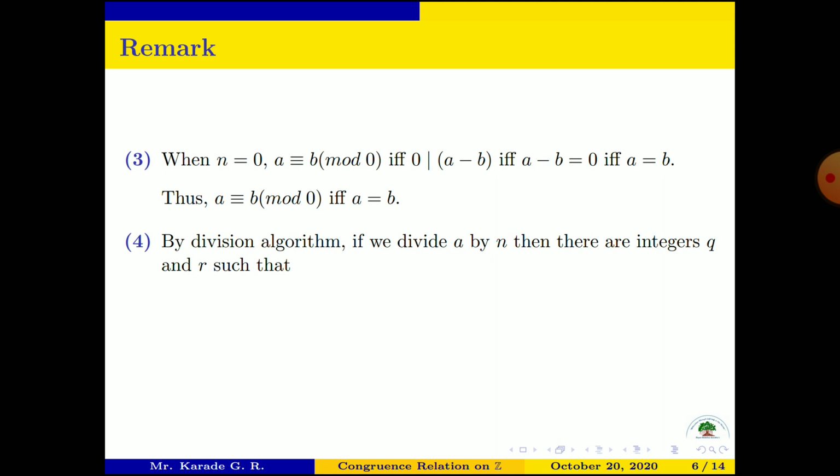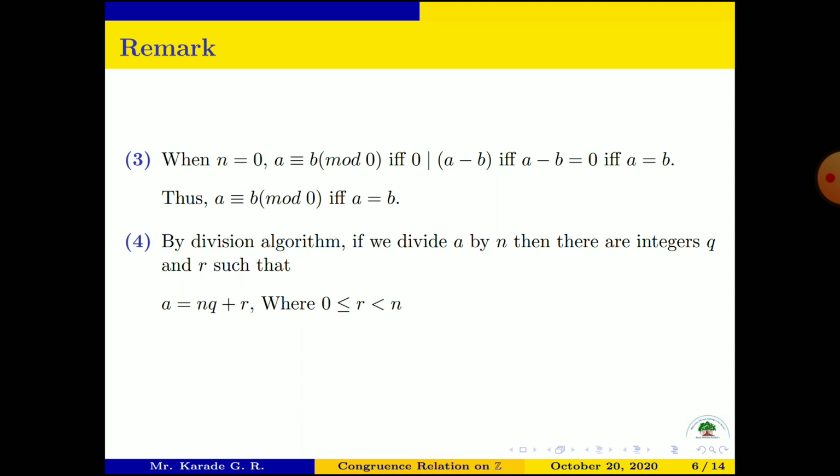Now the fourth remark is, by the division algorithm, if we divide A by n, then there are integers q and r such that A is equal to nq plus r, where r is greater than or equal to 0 and less than n.